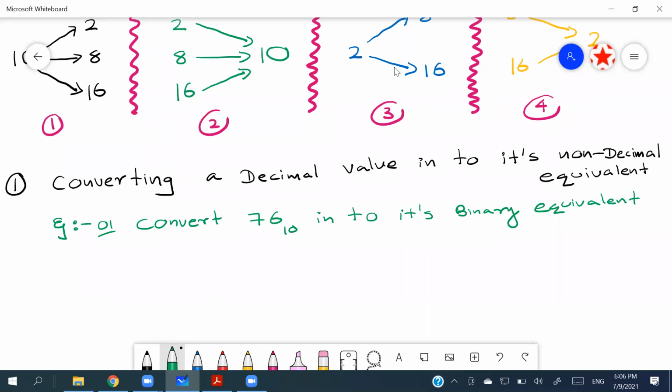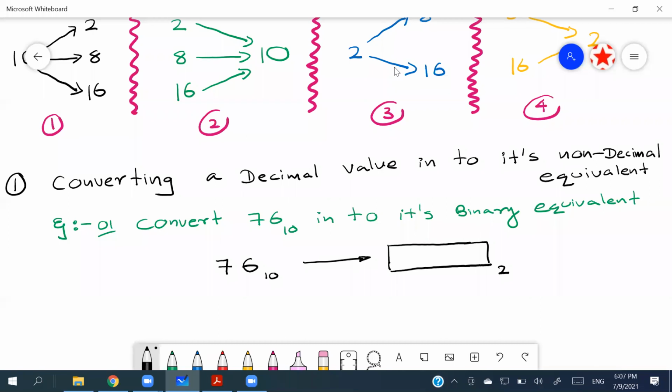So our task is converting a decimal value, which is 76. You have to write the base always, and into its binary equivalent, which means what is the value in the second base, right?